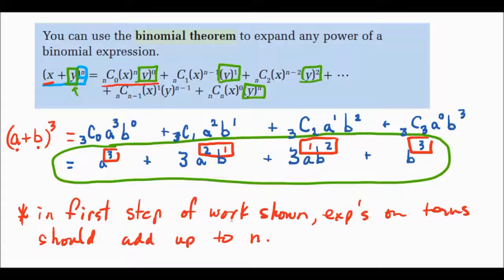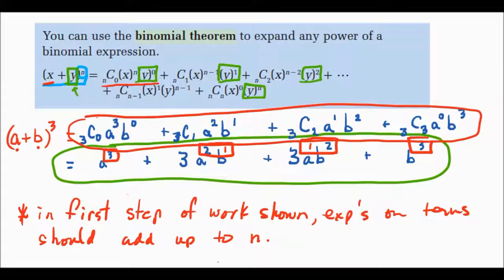Okay, in first step of work shown, so that would be this step right here. Before we've expanded each individual term, they should add up to n always. So we've got 3 plus 0, 2 plus 1, 1 plus 2, 0 plus 3. Okay, we'll do one more example here, and then we should be done for this lesson today.